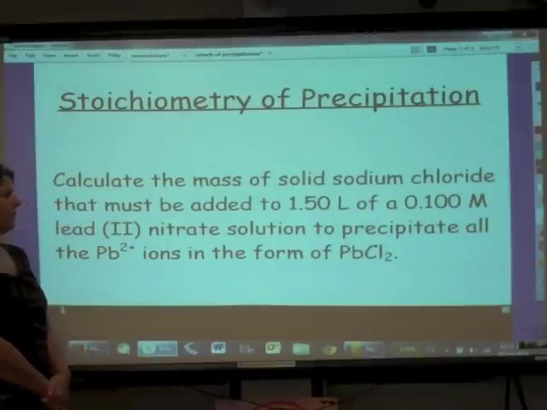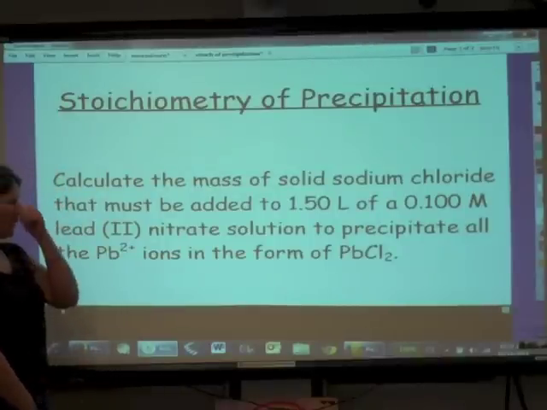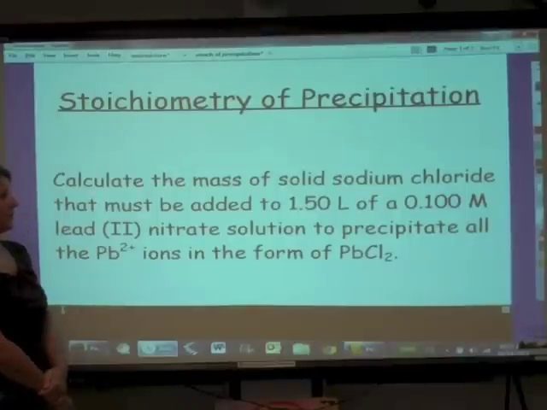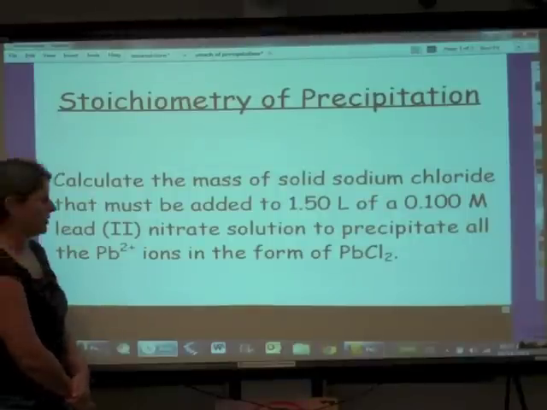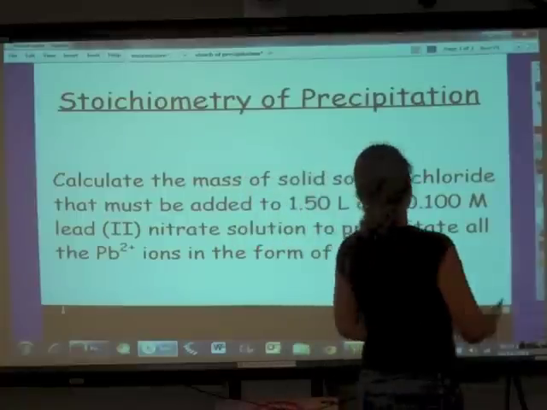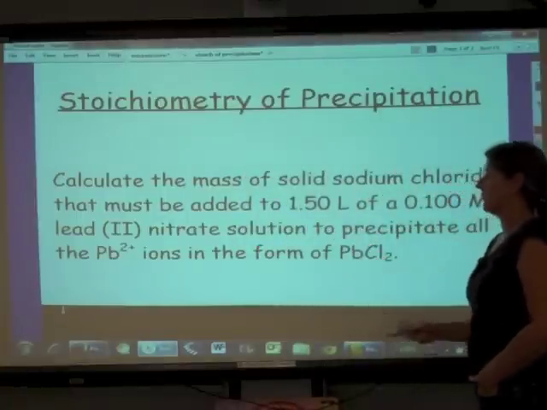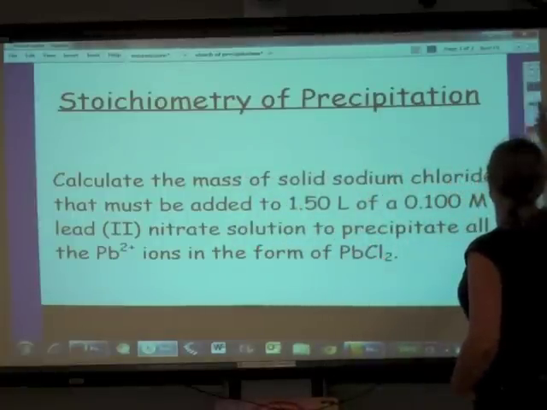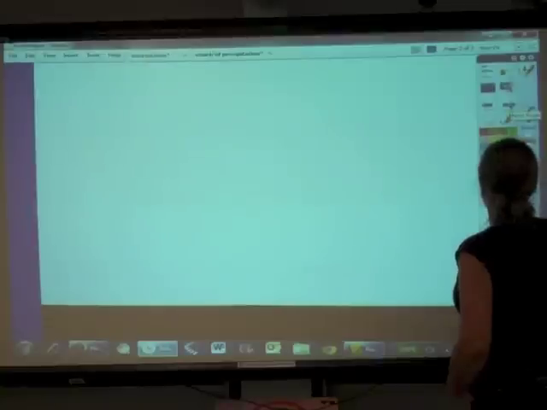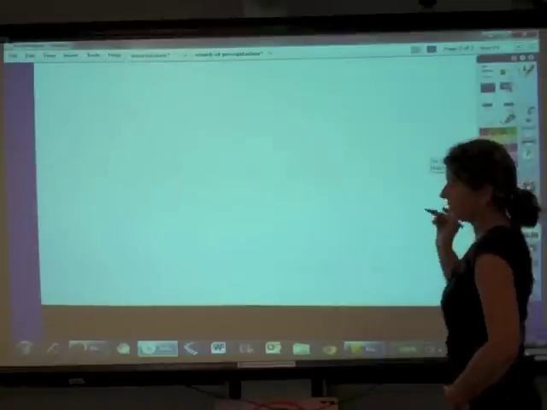All right, so this is a stoichiometry problem, so the very first thing that we're going to need for this is a balanced equation. So we've got some sodium chloride that's going to react with lead-2 nitrate. So the first thing I want to do is write a balanced equation.